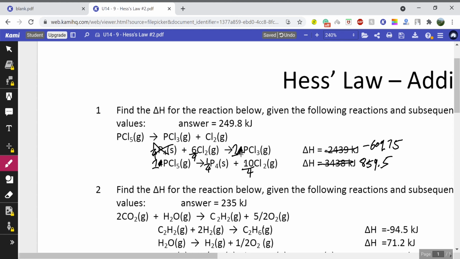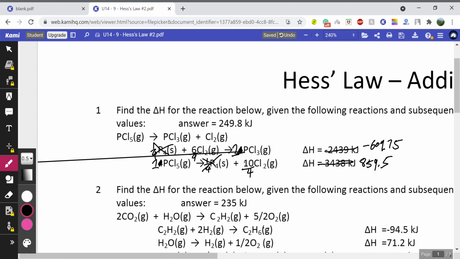Now P4 and P4 are cancelled, leaving us with 3/2 Cl2 and 5/2 Cl2 on the bottom. So this will get cancelled out, and this 5 over 2 minus 3 over 2 will become 2 over 2, which is 1 Cl2. 1 Cl2 matches 1 Cl2 in the goal.